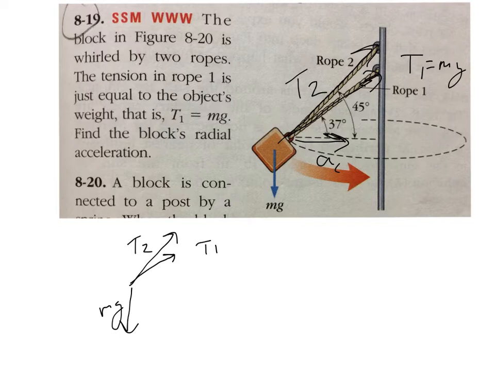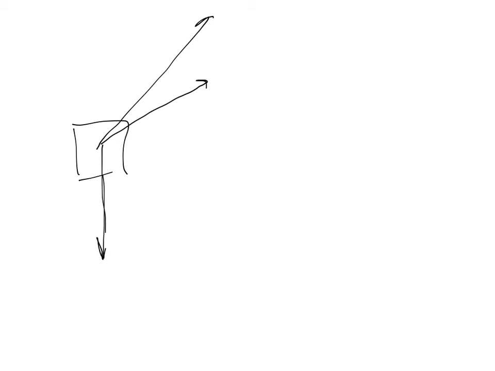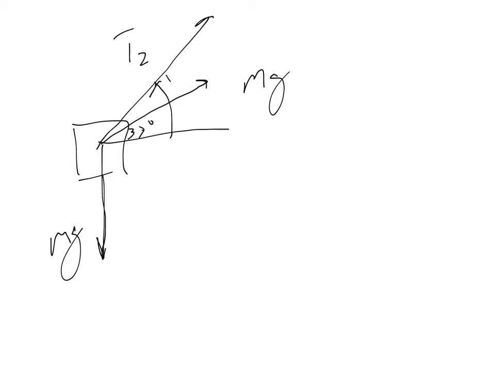The big one is 45, and that one is 37. That's mg, that's mg, that's T2, that's 37, and that's 45.